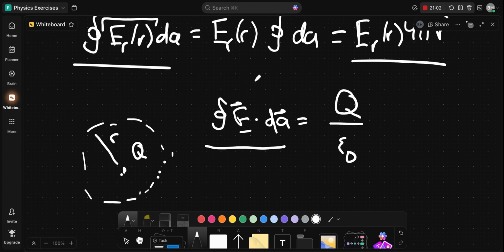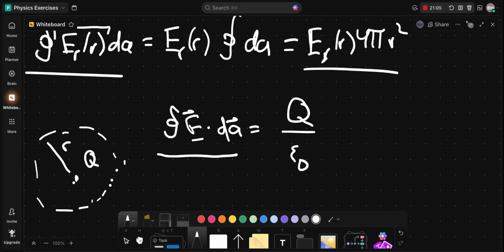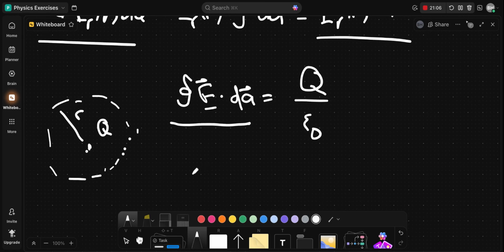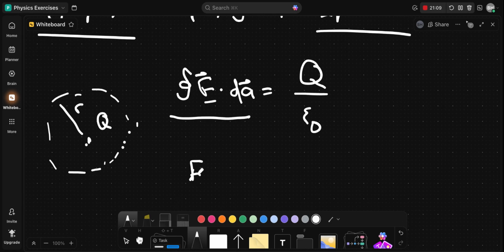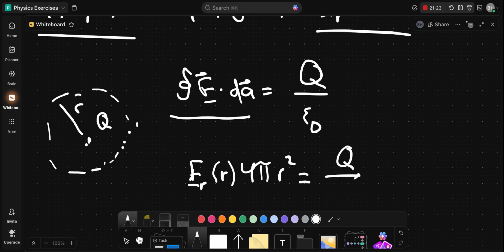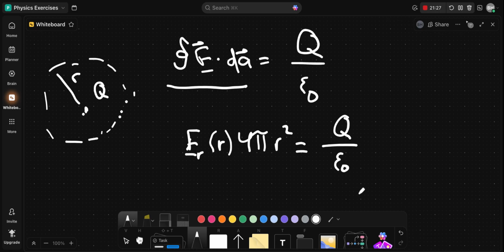The other thing we know is that we actually calculated the left-hand side of Gauss's law. So we can substitute our finding from up here, and we get that the radial component E_r times 4 pi r squared is equal to the point charge that we put at the origin, divided by epsilon 0.